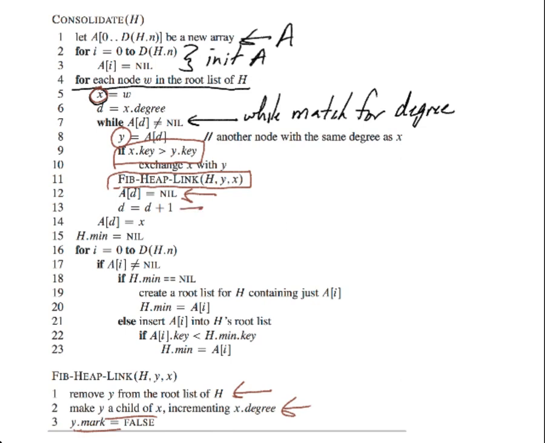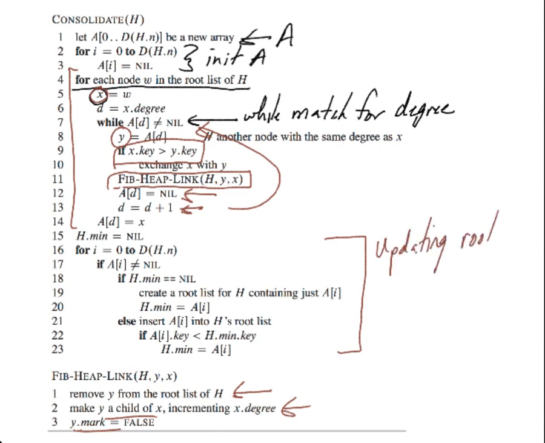We increment our degree, and we iterate looking for another node that has our new degree d+1. And then we do that over all nodes. Then all this is doing right here is updating the root list, and we're also going to update the min.